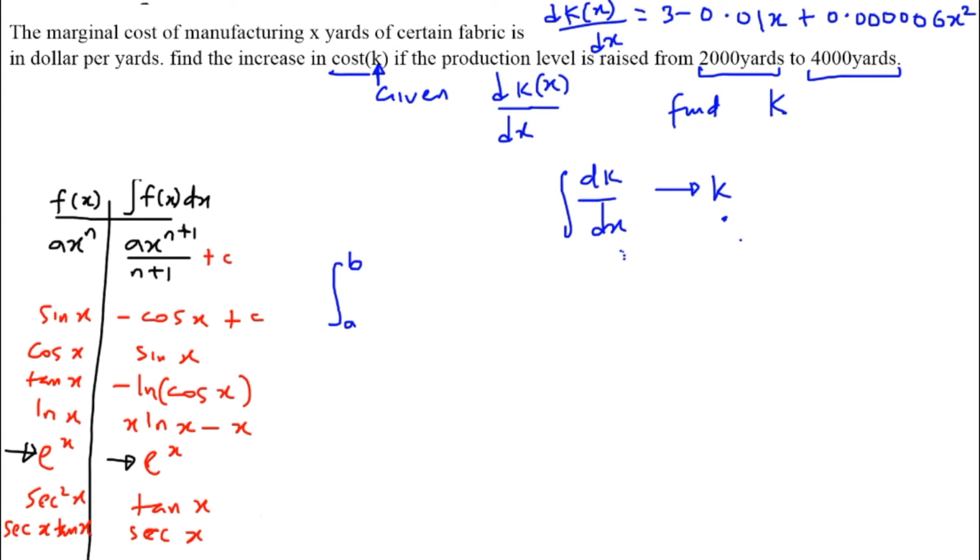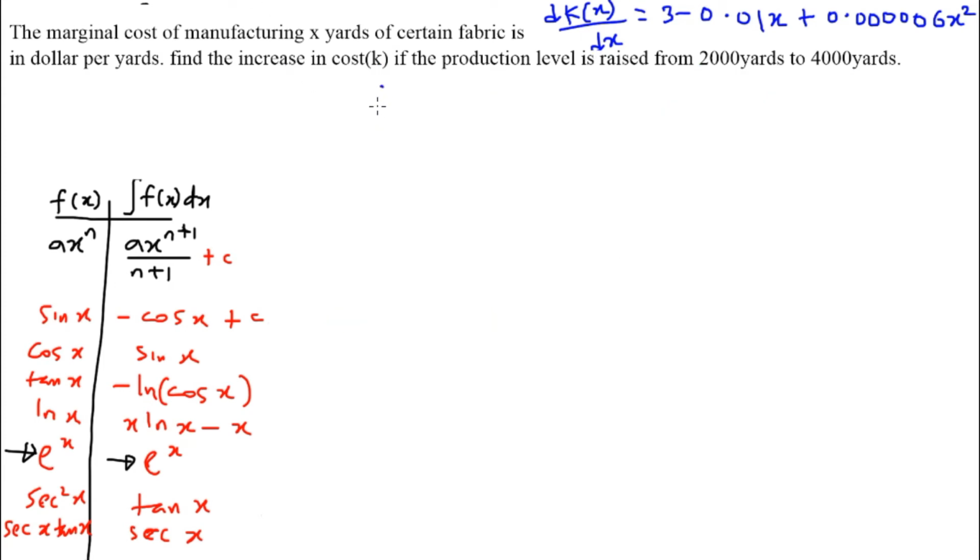So I'll have the integral of dk/dx, which is a function of x, dx, from 2000 to 4,000 yards. Let me just do that straight away, from 2000 to 4,000.